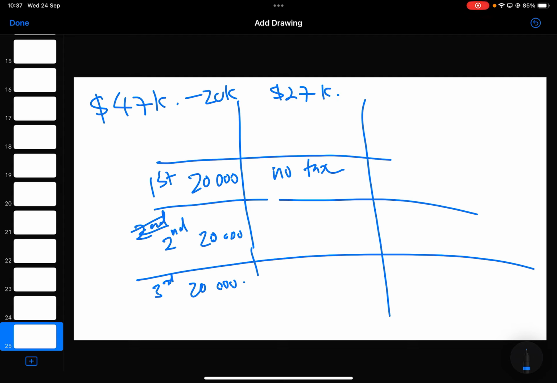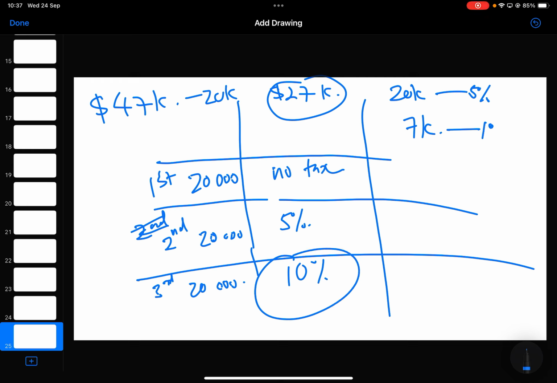Then the next 20,000, maybe I'm taxed 5%. So out of this 27,000, 20,000 will be taxed at 5%. Then finally left with 7,000. This 7,000 may be taxed at 10%. Okay?